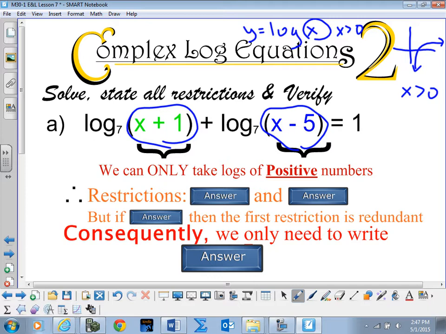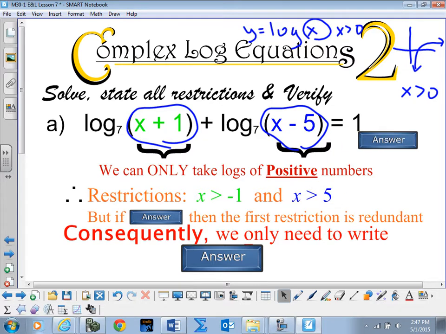So when we look at this, we have 2 binomials in that position. We have an x plus 1 and an x minus 5. So if x plus 1 has to be greater than 0, that means x has to be greater than negative 1. If x minus 5 has to be greater than 0, that means that x has to be greater than 5. So which is it? Is it both?